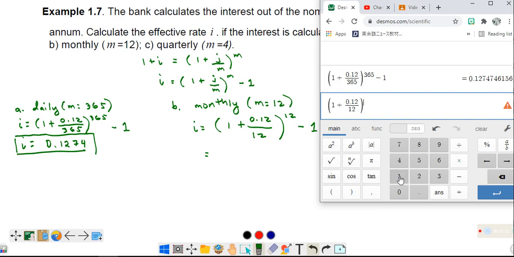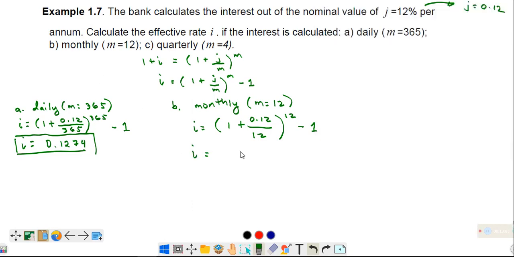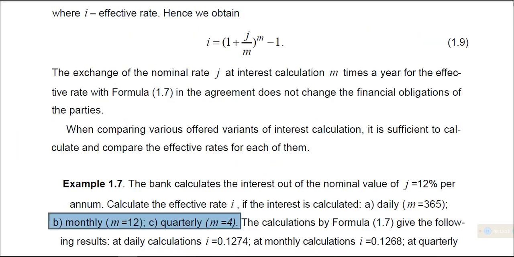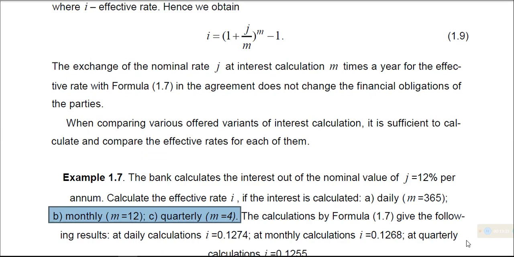Raise it to the power of 12. Ibaba natin yung cursor. We have minus 1 sa huli. So, our I is 0.1268. Ayan. So, tama. Match siya dun sa nasa book.